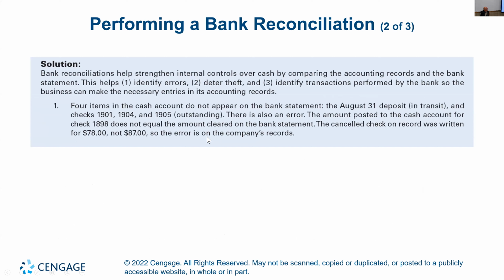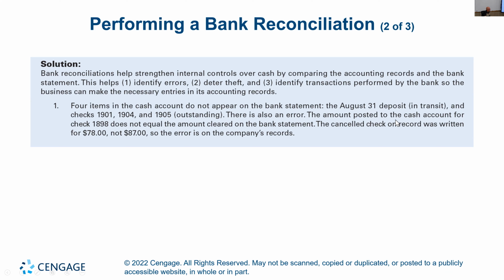All right, so this is what you should have found. Four items in the cash account do not appear on the bank statement: the August 31st deposit and checks. The deposit is a deposit in transit.